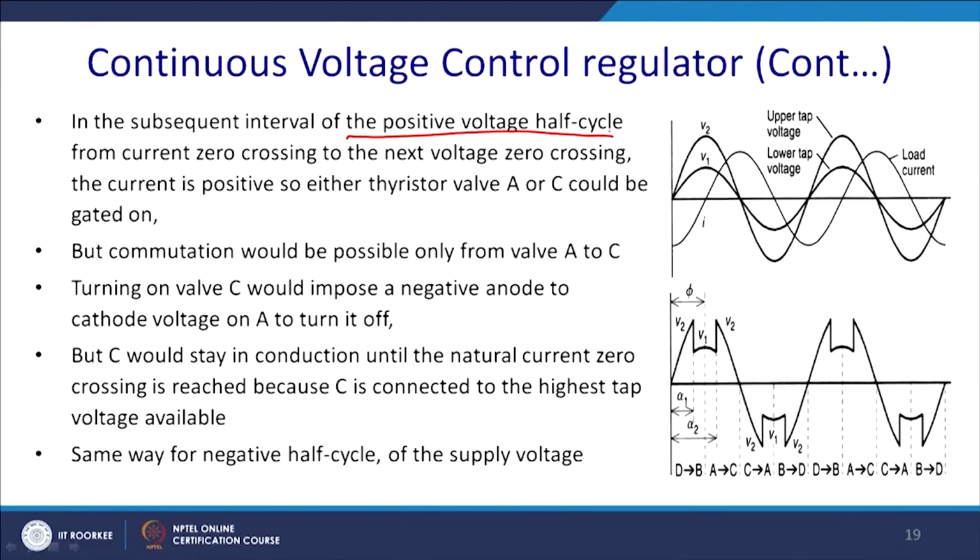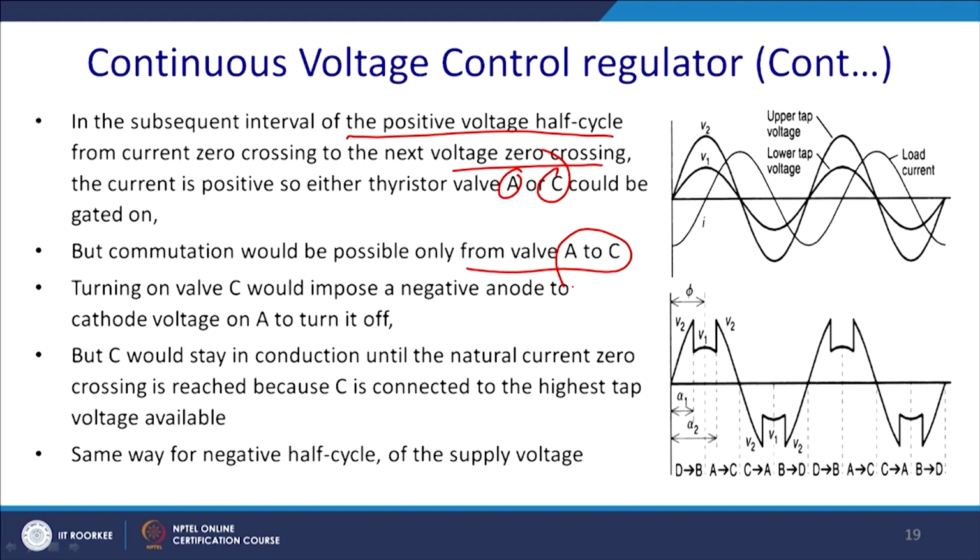In this subsequent interval, the positive voltage half cycle and the current 0 crossing to the next voltage 0 crossing, the current is positive. So, either thyristors A or C will be gated. If you try to reduce it, we get basically thyristor A. But commutation would be possible only from the valve A to C, not C to A, please mind that.